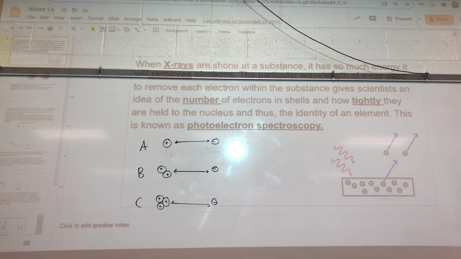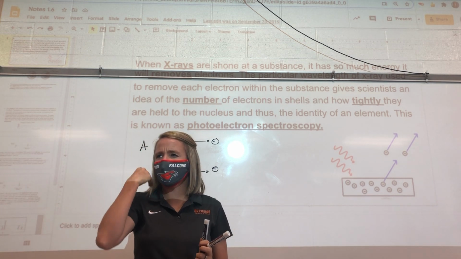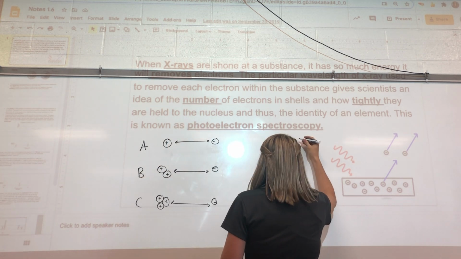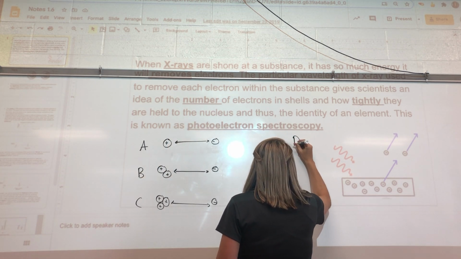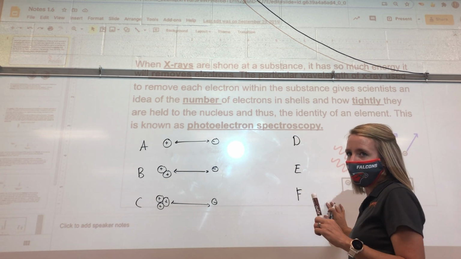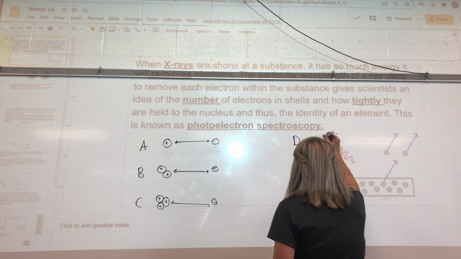Okay, question 2 is the same question, but I'm going to draw a different set of things to compare. So comparing D, E, and F, which one is going to have the greatest force of attraction and why?